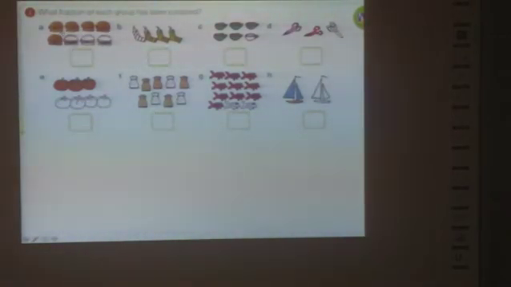Let's try the first one. It's asking what fraction of each group has been coloured, just like the example before. So we've got to write the numerator first, which tells us how many have been coloured. 1, 2, 3, 4, 5. So I'm going to put 5 as my numerator.